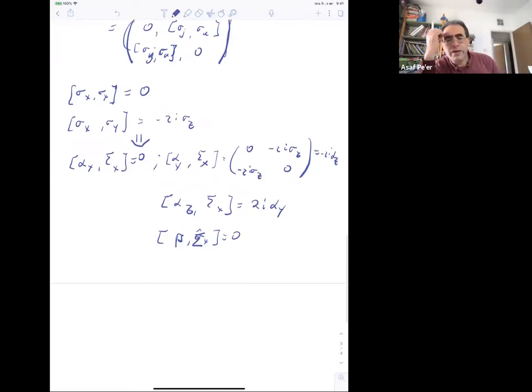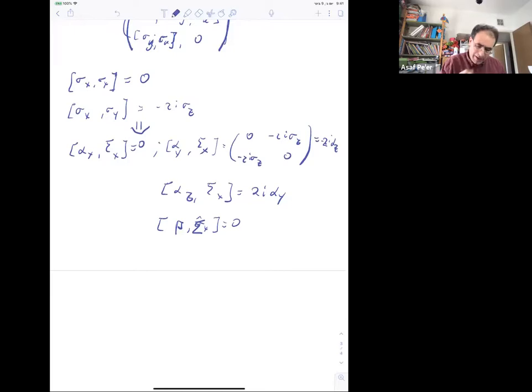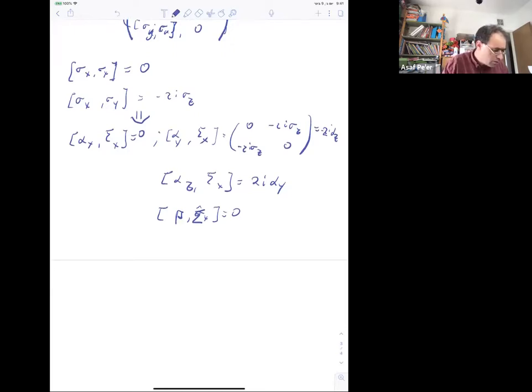So overall, that means that, up to a minus sign that I hope I didn't miss anywhere, the commutator of the Dirac Hamiltonian with Sigma x is just the commutator of alpha dot p with Sigma x.